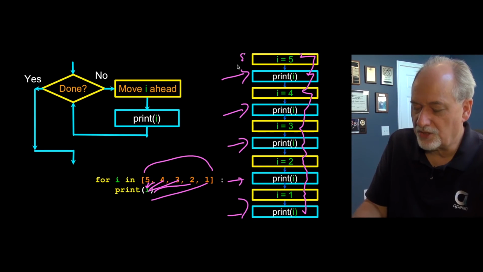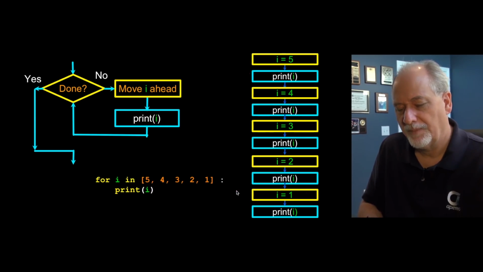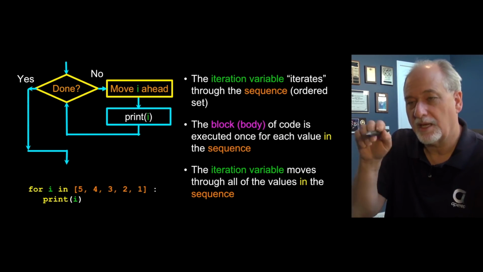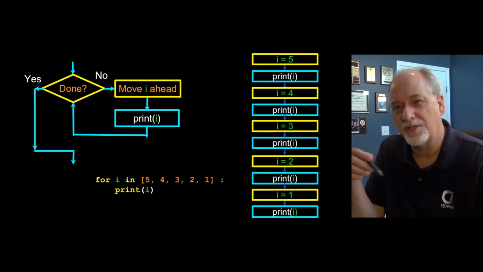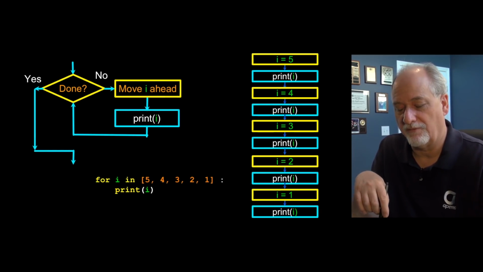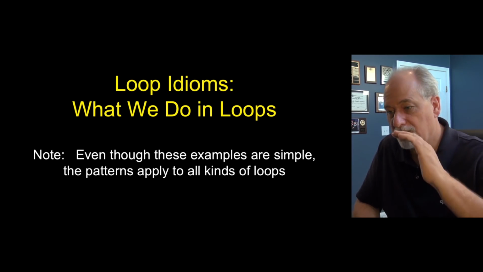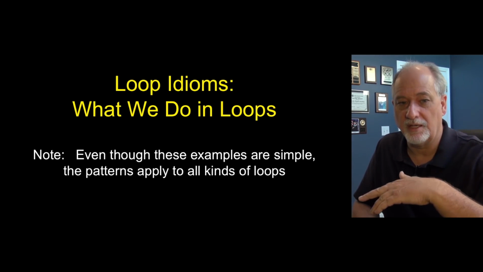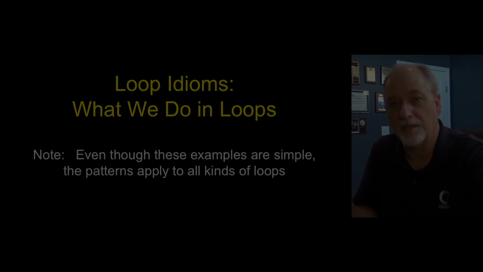This is one way to think about it, and this is how it really works, but it's also logically the contract that Python is making for us. So up next, we're going to talk about taking this notion of doing something to a lot of items, and accomplishing something with that. I call these loop idioms.